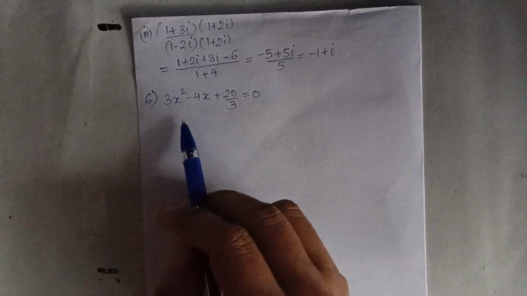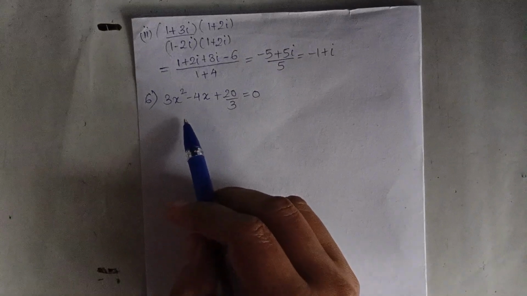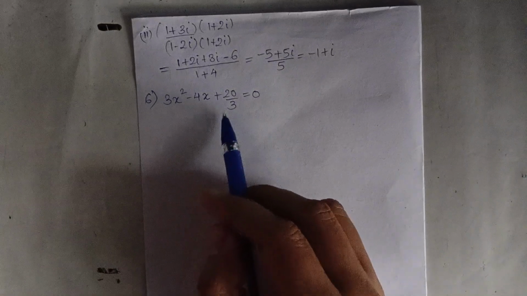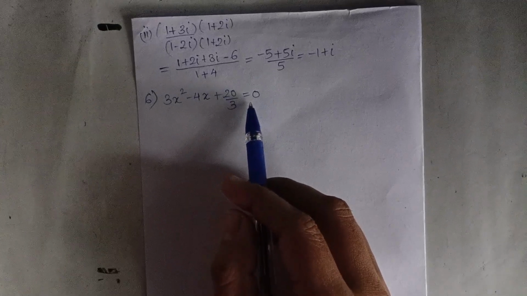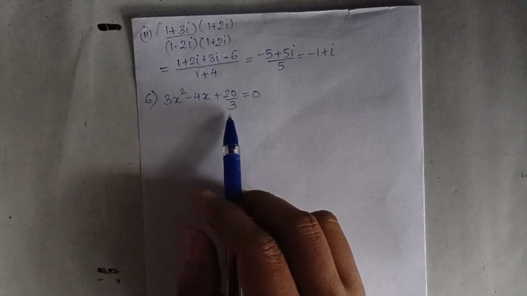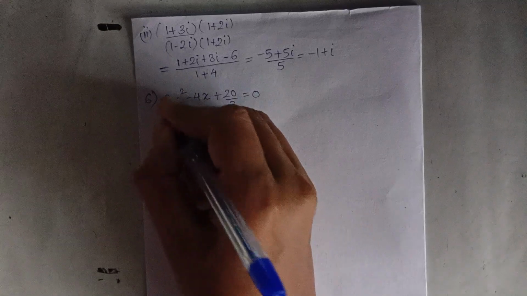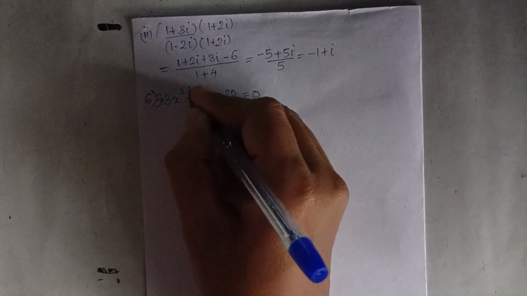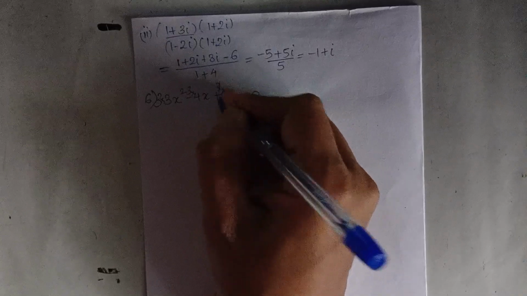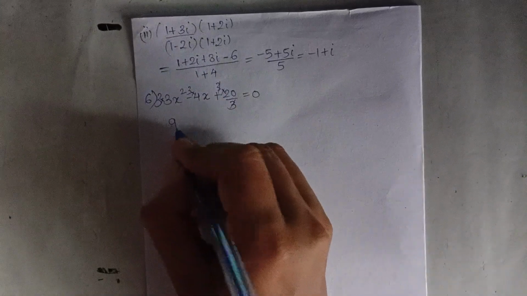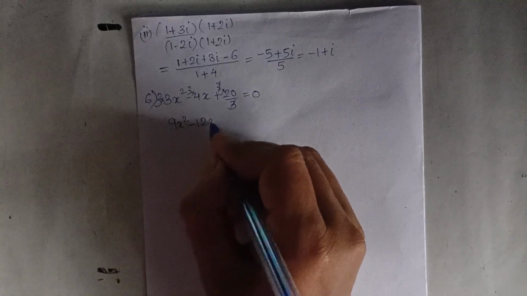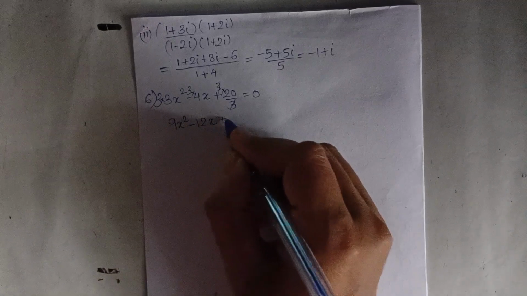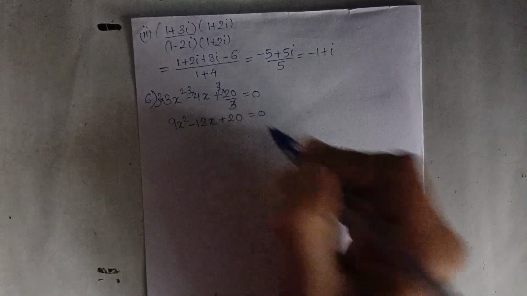Question number 6. The quadratic equation is given, 3x square minus 4x plus 20 by 3 equal to 0. First you have to remove this 3, so multiply the whole equation by 3. 9x square minus 12x plus 20 equal to 0.